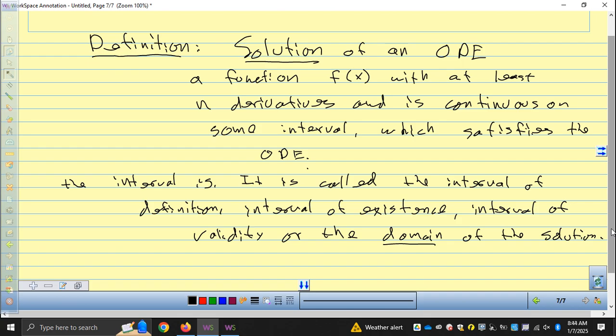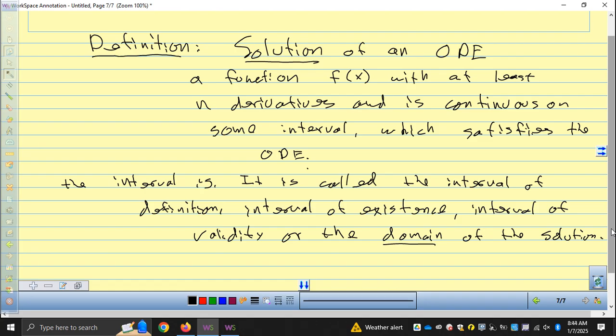So we can have a solution where the function y equals f of x is defined everywhere, but the interval of validity for the differential equation could be only a small portion of the x-axis. The function could be continuous everywhere, but we don't say that the domain of the solution is all real values, because it might only satisfy the differential equation between -1 and 1, for example.